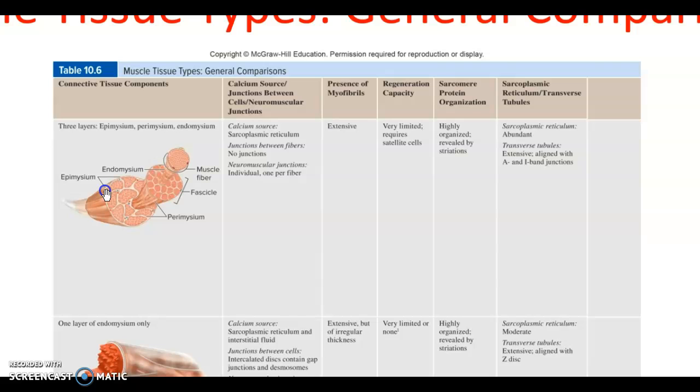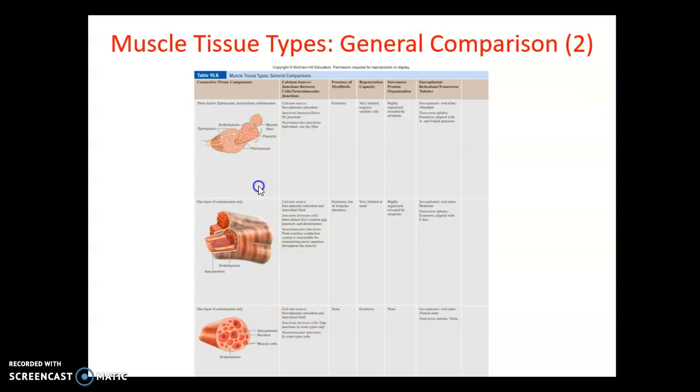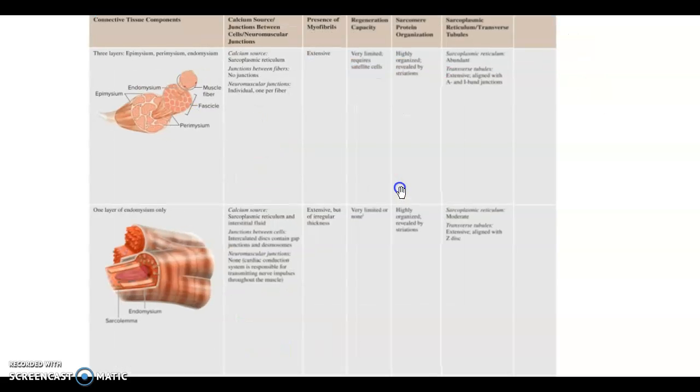And this is when women have babies, they have an episiotomy. This is what they're cutting, that layer of the muscle by the birth canal. So just know what these are. I'm not expecting you to know too much about them, but I would know the calcium source.